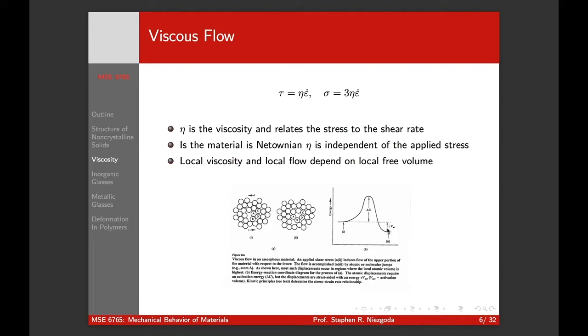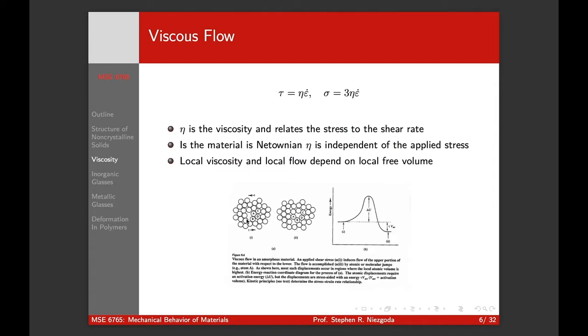So the difference in this energy tells us something about the number of atoms that have to be involved, or the number of molecules that have to be involved in getting out of each other's way for the deformation to occur, right?